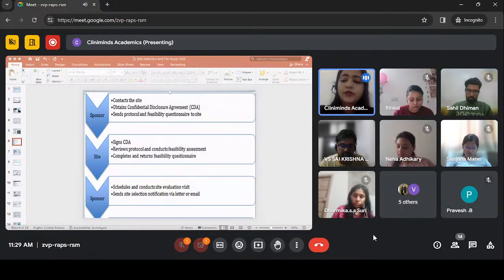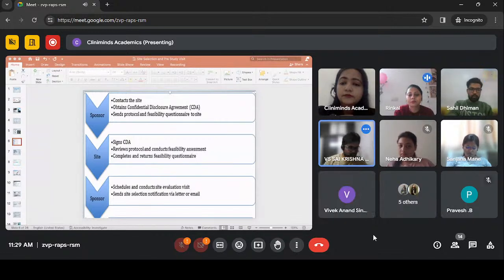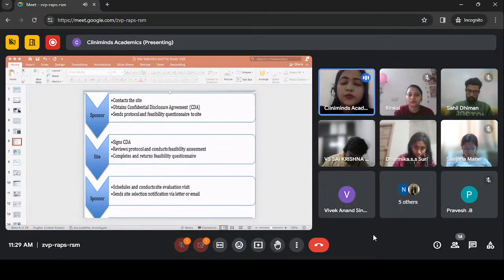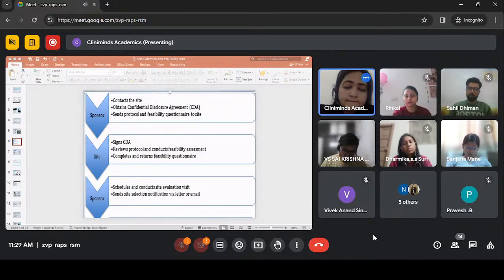Do you get that? Yes, ma'am. Okay, the capabilities and facilities that the sponsor is going to look for in a suitable site, all those relevant questions will be present in that questionnaire. These questions will be answered by the principal investigator with the help of the CRC.